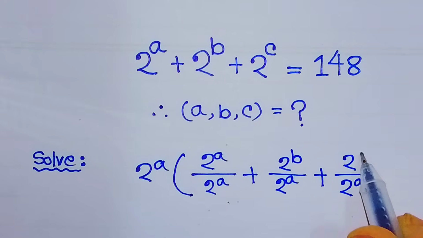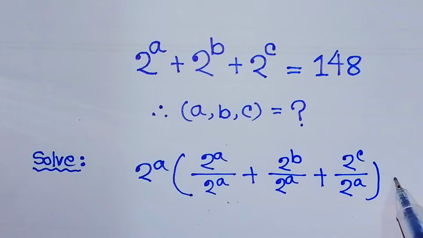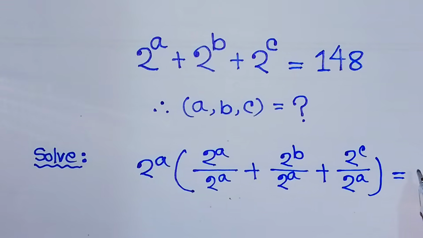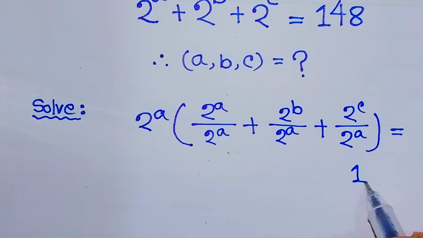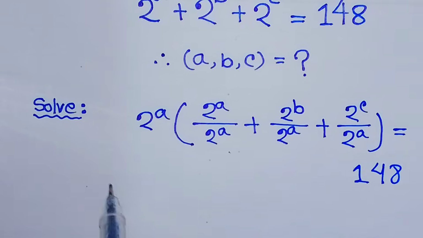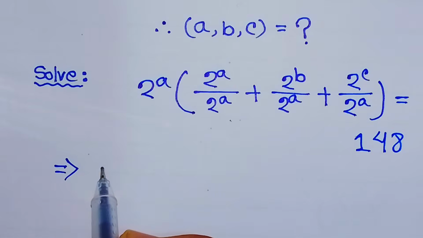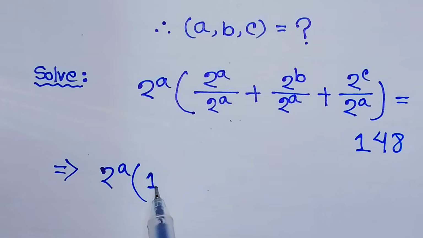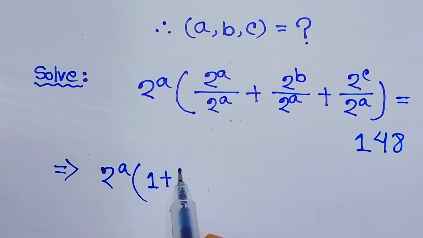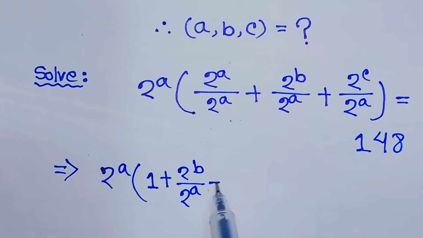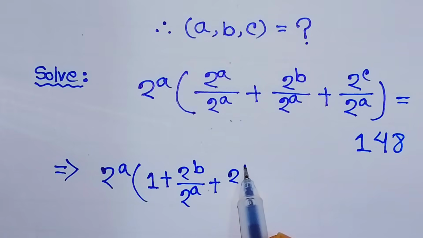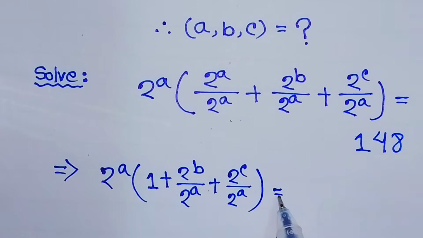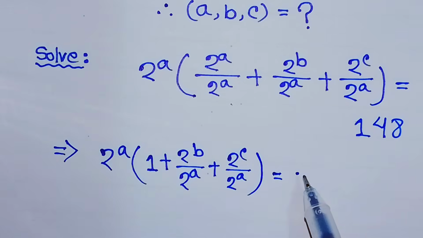So here at first, if you look, we take common from this equation and try to rearrange all the sectors. After taking common 2 to the power a on the left side, we'll get 1 plus 2 to the power b divided by 2 to the power a plus 2 to the power c divided by 2 to the power a is equal to 148.